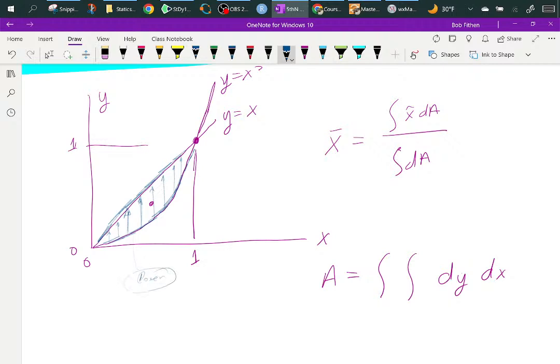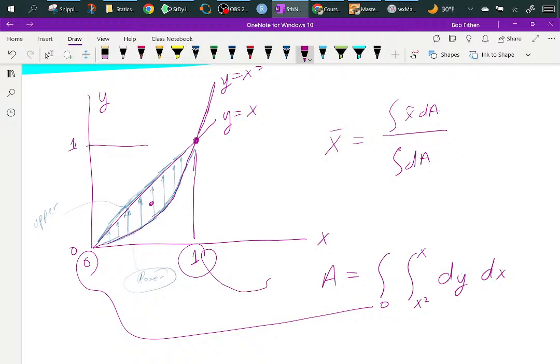I'm doing this real slow, and the lower limit is y is equal to x squared. Here, hang on, switch pens. X squared. The upper limit being this one. Here's your upper limit, and it is x. Now, how far do my sweep lines go? They go from 0 to 1.